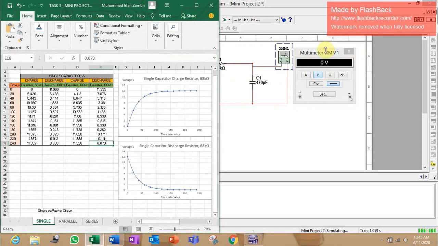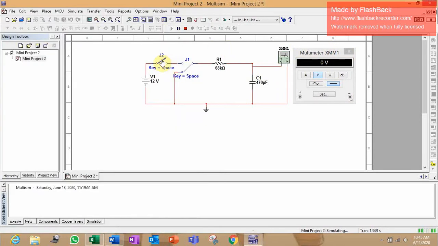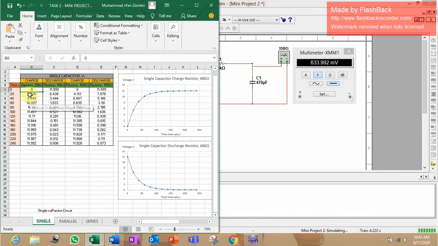For the initial value, it is 0 volt, and after closing the switch, this is the charging state of the capacitor. After 20 seconds, it is 5.426 volt, and after 240 seconds, it is 11.992 volt.